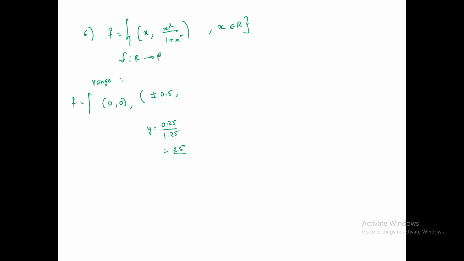That is 25 by 125, which is 1 by 5. If you put x as plus or minus 1, y will be 1 by 1 plus 1, that is 1 by 2.